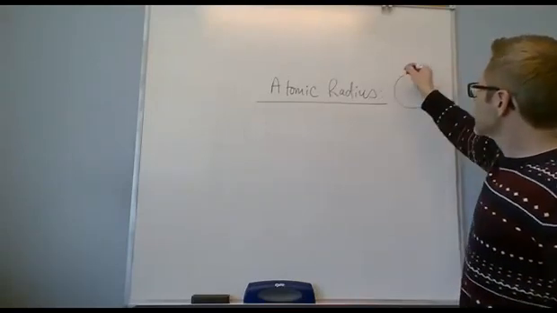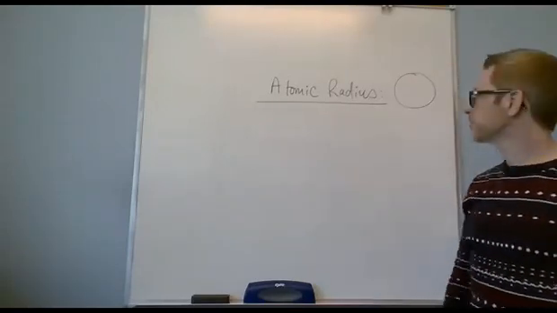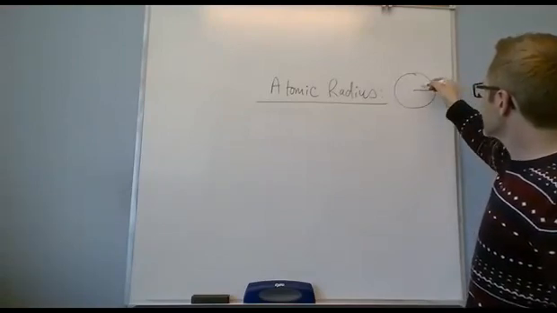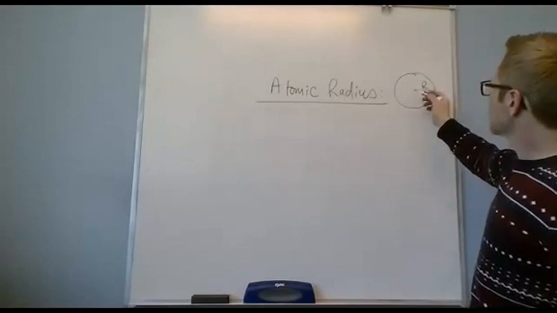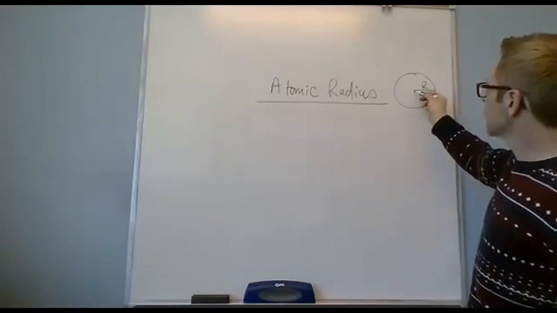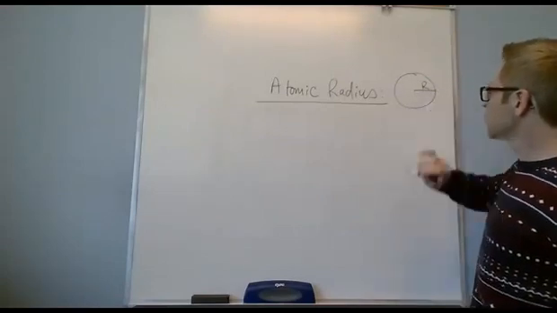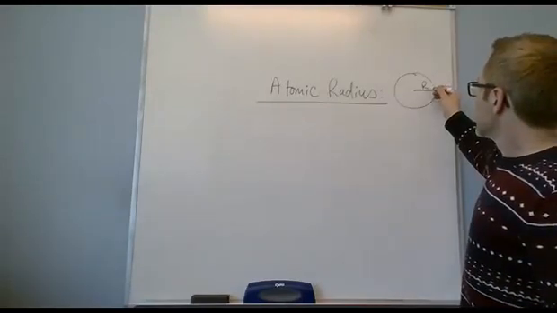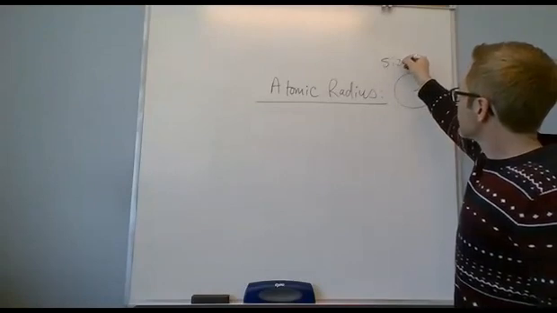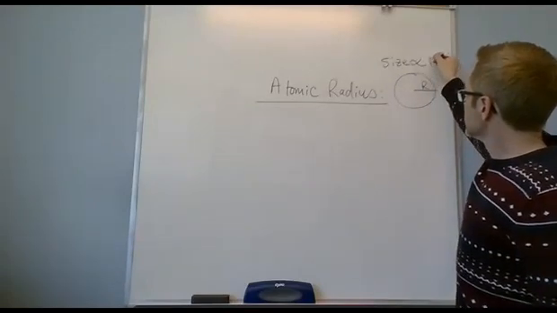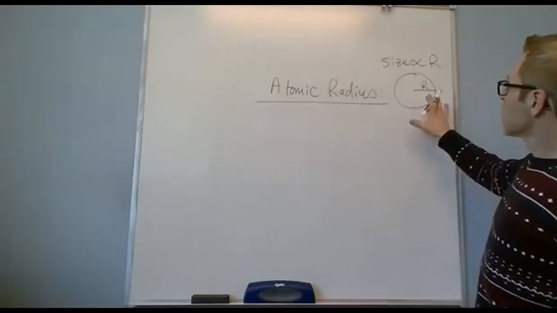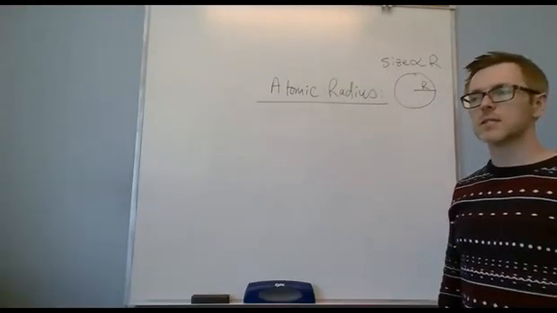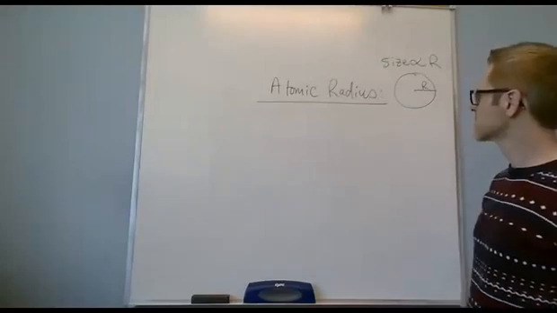If you imagine an atom is approximately spherical, then you know from any math class that the radius r is the distance from the center of a circle to the outer edge of a circle. And we know that size is proportional to radius. So the larger the radius, the larger the atom, and that's the trend that's studied with atomic radius.